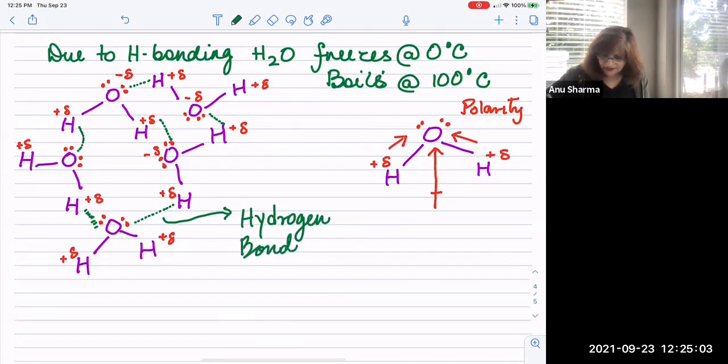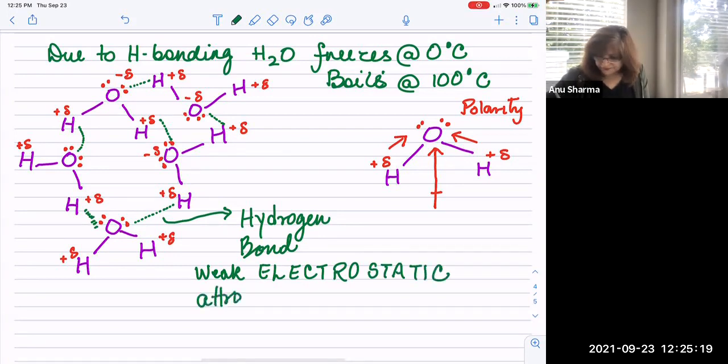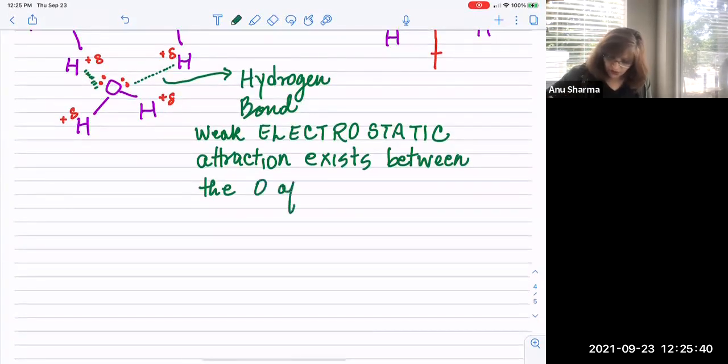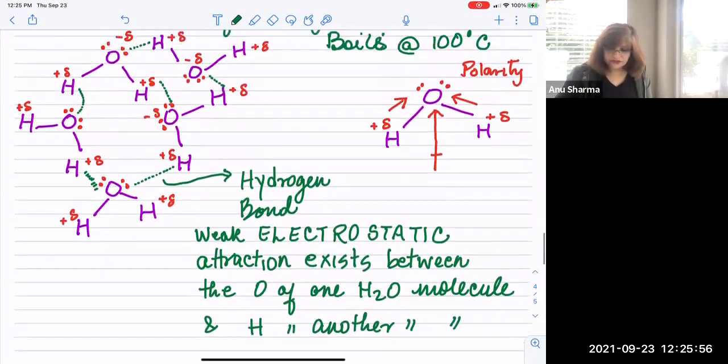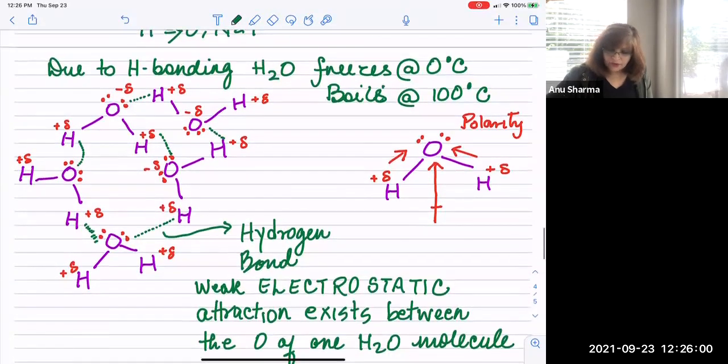It's a very, very weak electrostatic attraction that exists between the molecules, between the oxygen of one water molecule and the hydrogen of another water molecule.